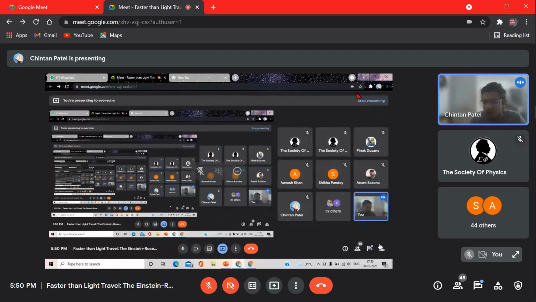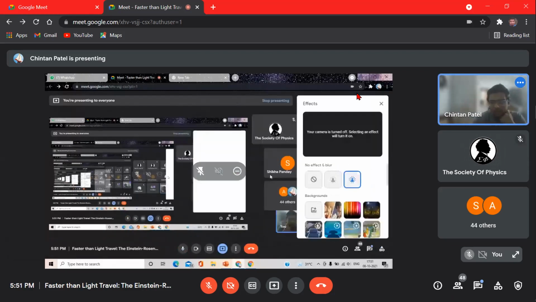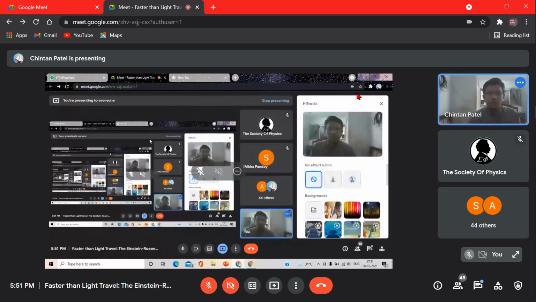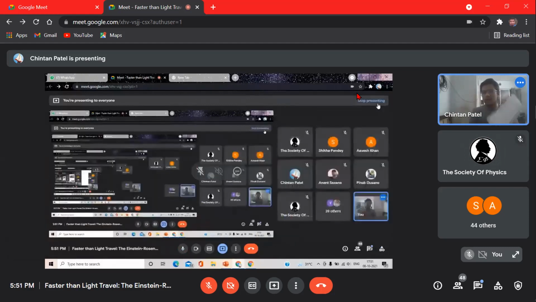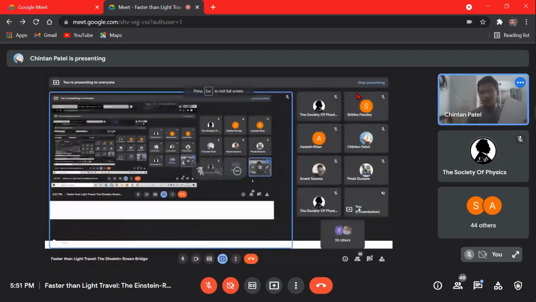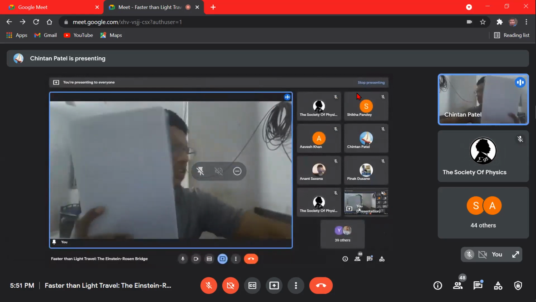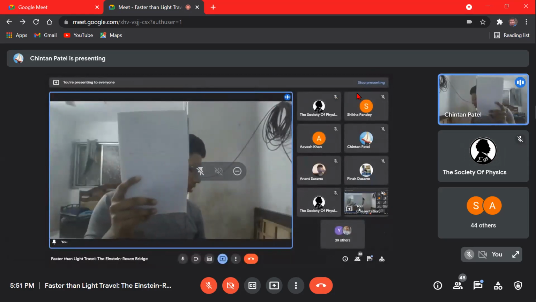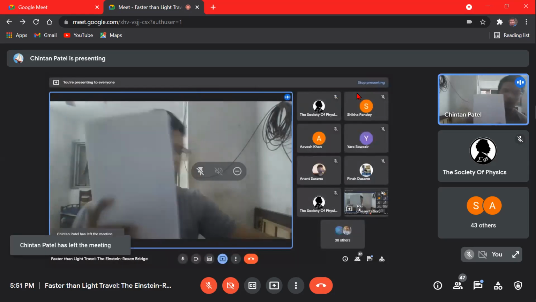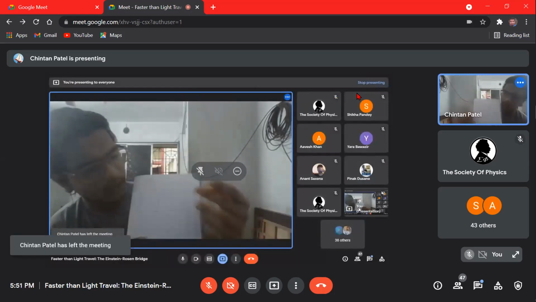Okay, I'll remove the blur. Where is the blur? I'll fill myself so I can also see what I'm showing. Okay, now can you see these two shapes? Yes.